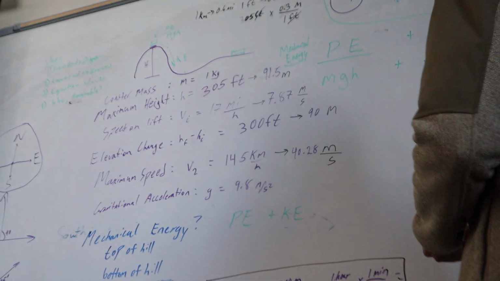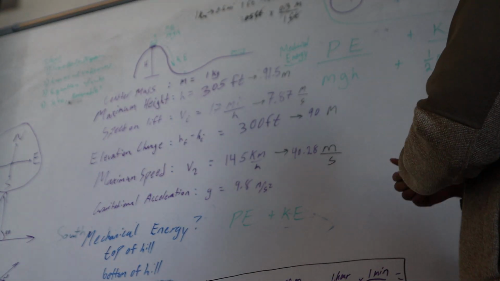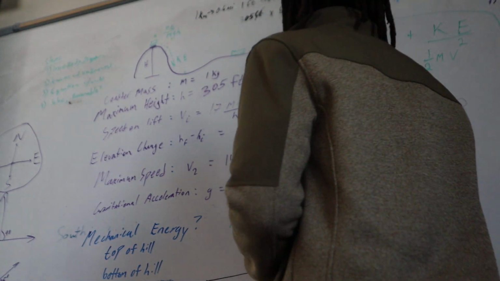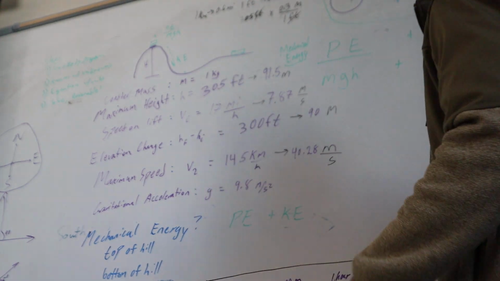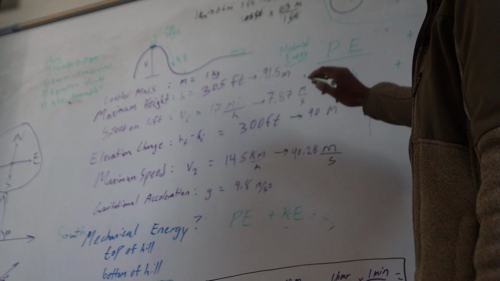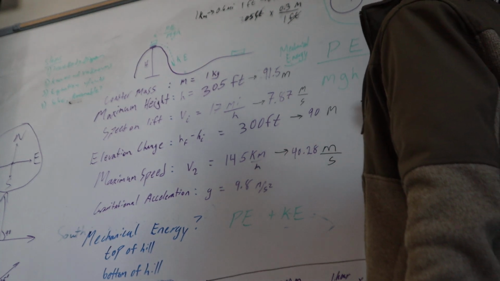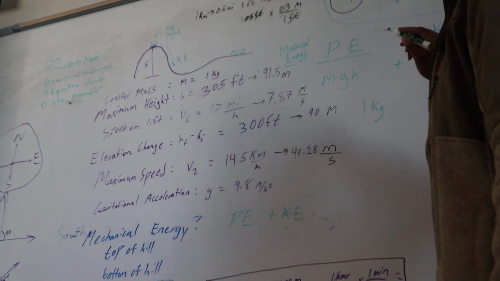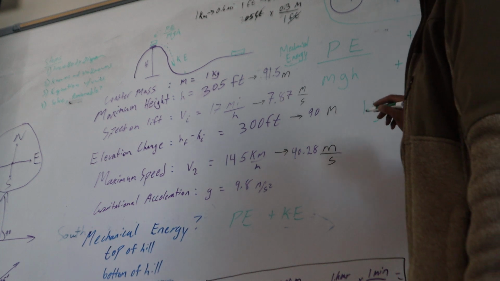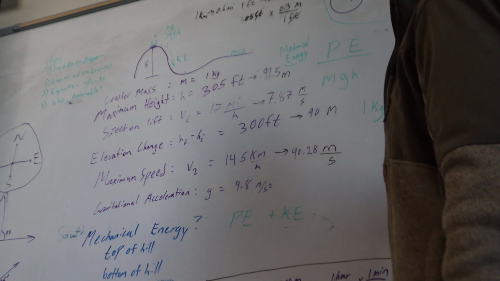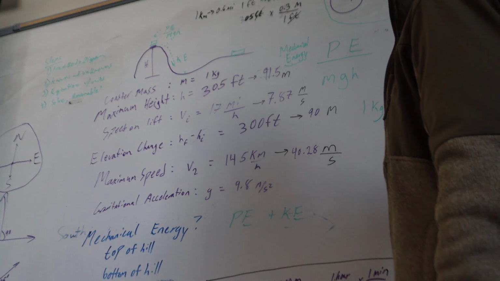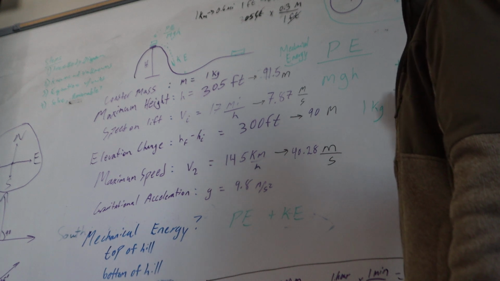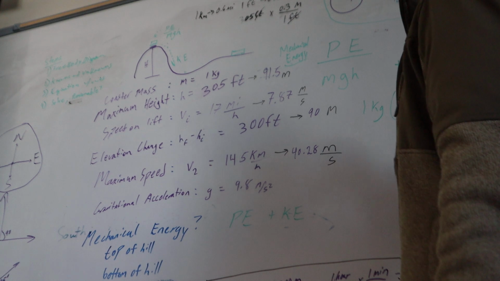All right, so MGH. So let's go ahead and plug in M, my mass, 1 kilogram, gravity, and now height.